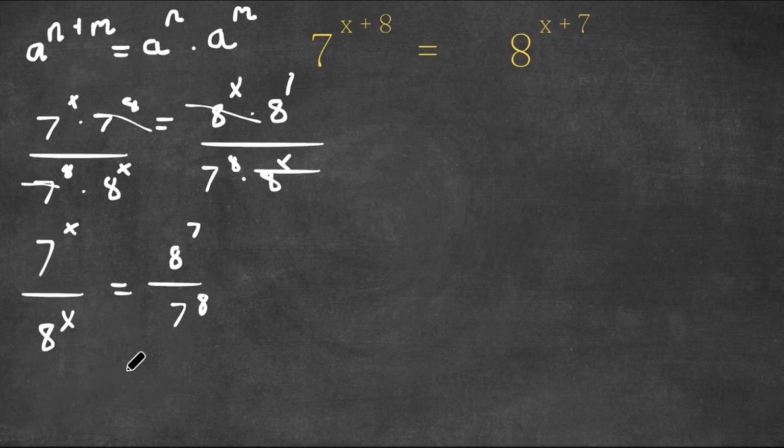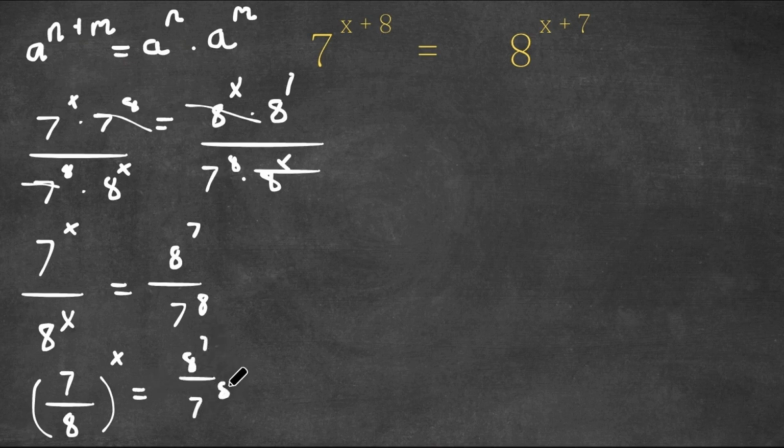Now 7 to the power of x over 8 to the power of x is the same thing as 7 over 8, all to the power of x. And now this is equal to 8 to the power of 7 over 7 to the power of 8. Now I'm going to take the log on both sides.